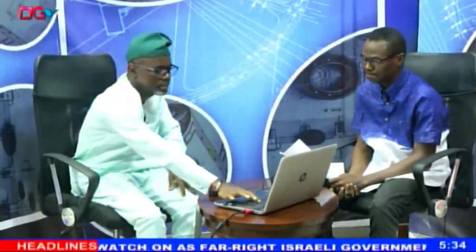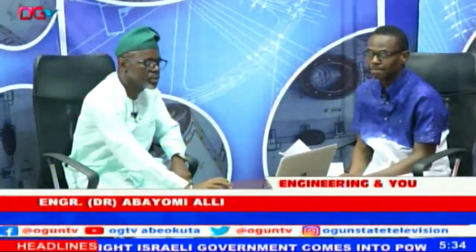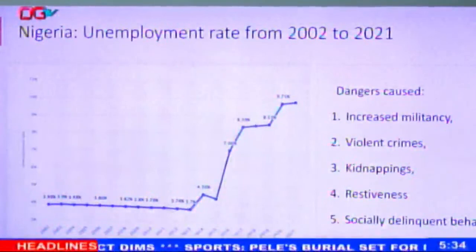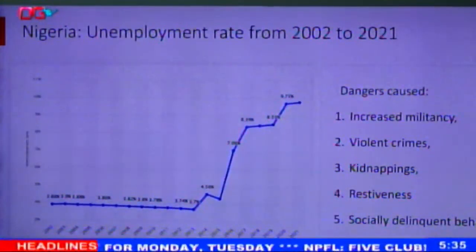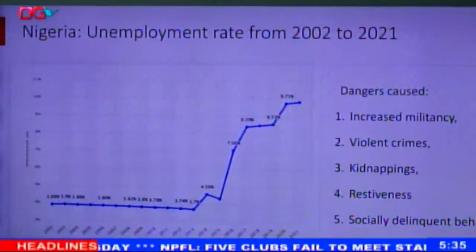Okay, so like I've said, I'll be speaking on data and artificial intelligence, panacea to youth unemployment. This graph shows the unemployment trend in Nigeria from 2002 up to 2021, and you can see that from around 2012 it just kept rising at a geometric ratio.